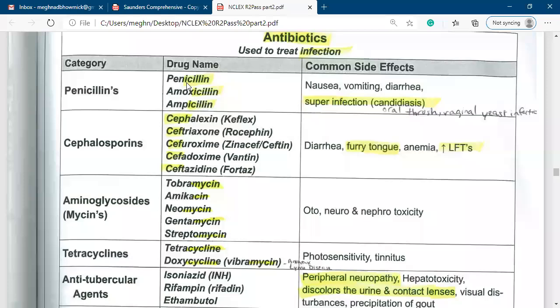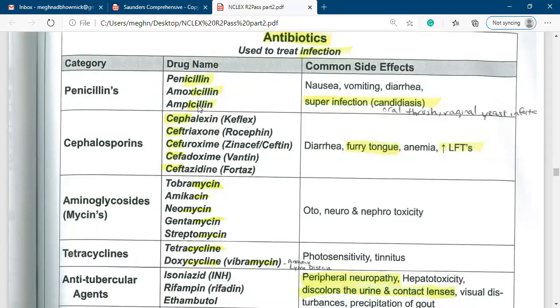If you make it easy, most of the penicillins end in cillin: penicillin, amoxicillin, ampicillin. Tazobactam is a little bit different name, but the ending is cillin.